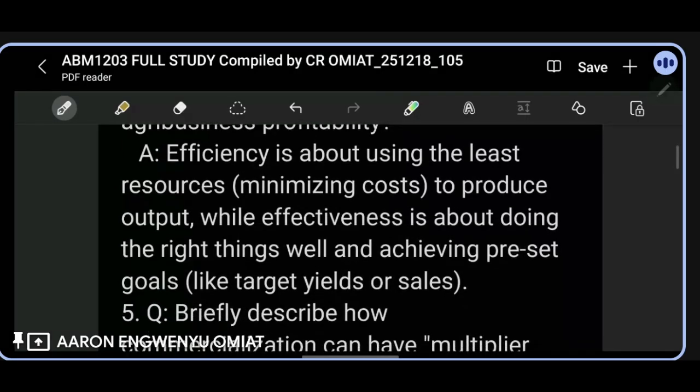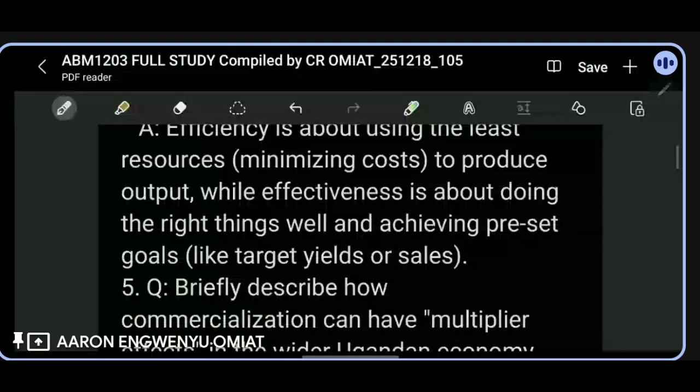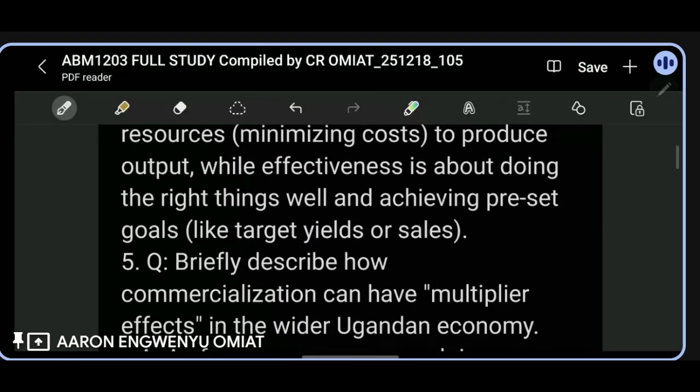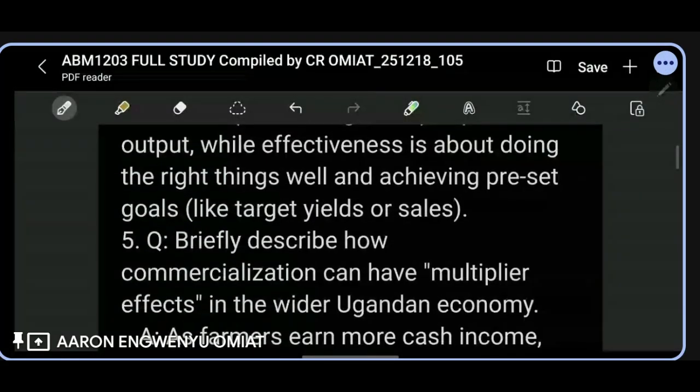Back to Agaton. Briefly describe how commercialization can have a multiplier effect in the wider Ugandan economy.